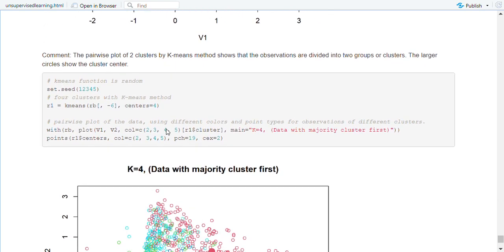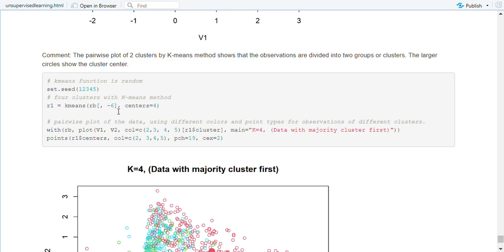Now we will plot the 4 centers. So pass the command set.seed(12345), and then we will form 4 clusters with the k-means method. Let R1 equal kmeans of R B bracket minus 6, which is getting rid of the last class column, centers equal 4.